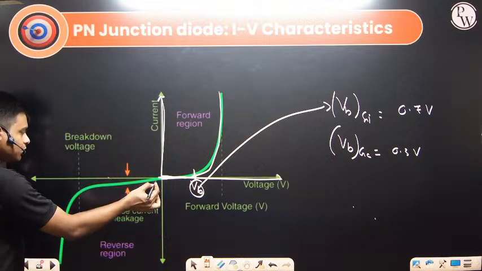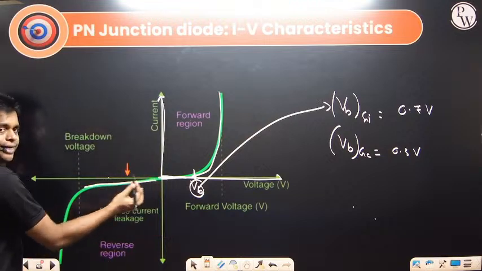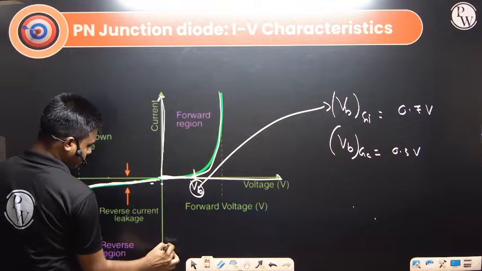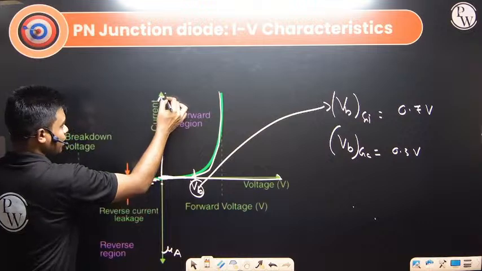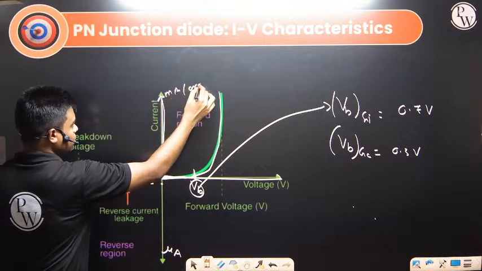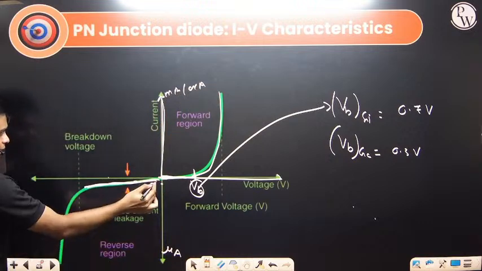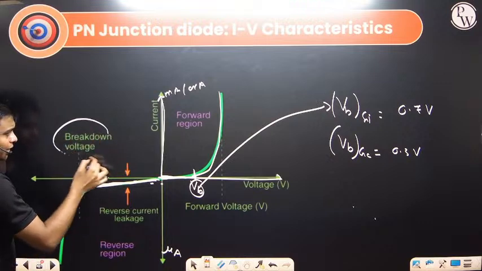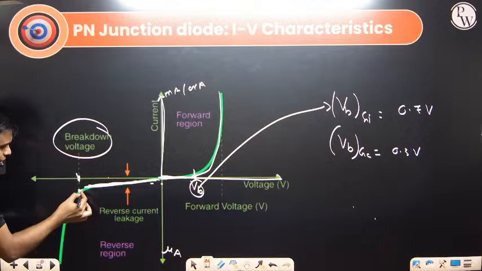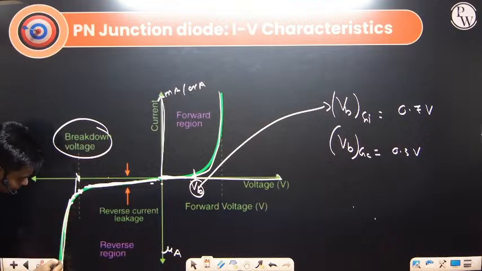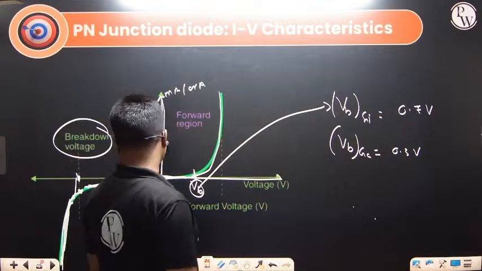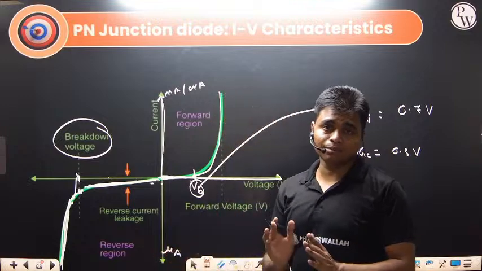On the other side, reverse bias, it starts from the negative side. The current value is in the order of microampere, not milliampere or ampere. At this particular voltage, we call it the breakdown voltage. What actually happens is that the current starts increasing abruptly in reverse bias.